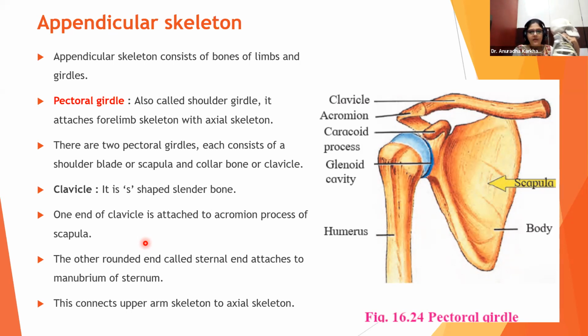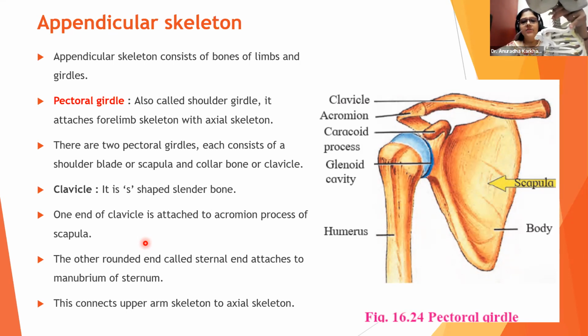Right? Correct? One end of the clavicle is attached to the acromion process of the scapula. One end is attached with the acromion process of the scapula. तो ये जो है acromion process से ये attached है यहाँ पर. Okay, very clear.